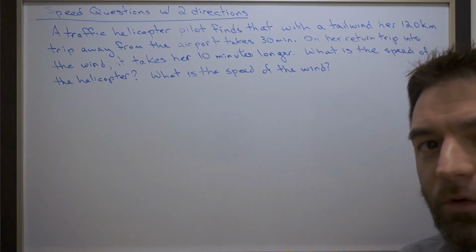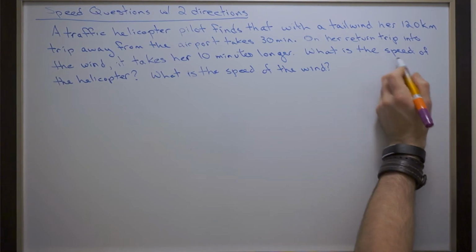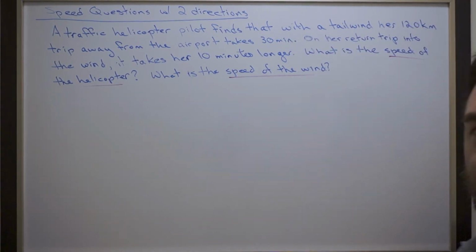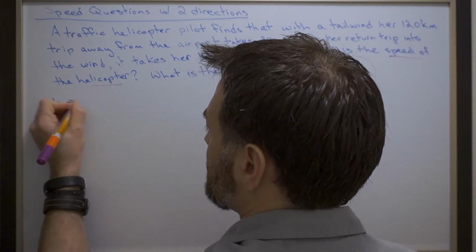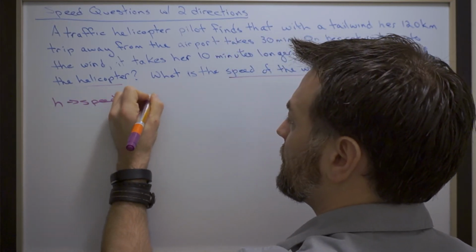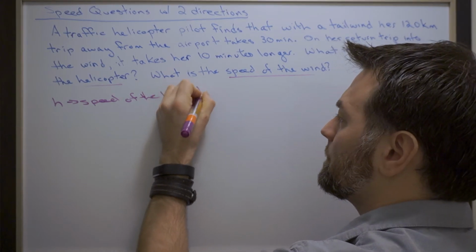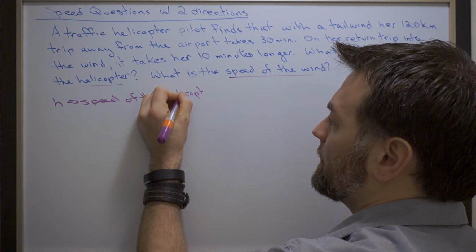So in this case, you're given the two variables that you're looking for because you're directly asked for them: the speed of the helicopter and the speed of the wind. So we use h for the speed of the helicopter. I misspelled that.